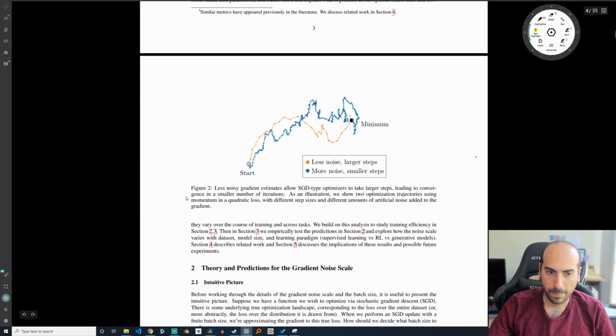Okay. So less noisy gradient estimates allow SGD type optimizers to take larger steps, leading to convergence in a smaller number of iterations. As an illustration, we show two optimization trajectories using momentum and a quadratic loss with different step sizes and different amounts of artificial noise added to the gradient. Less noise, larger steps. More noise, smaller steps. Oh, I see.